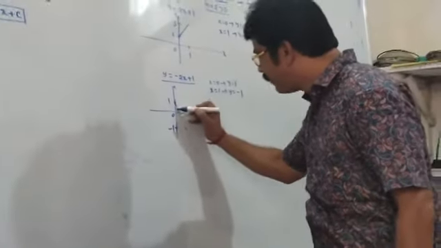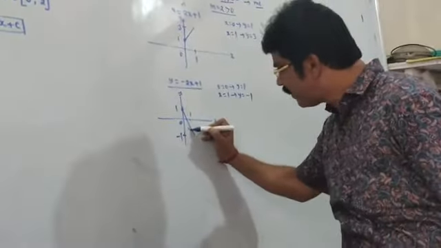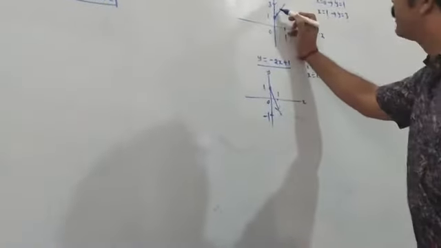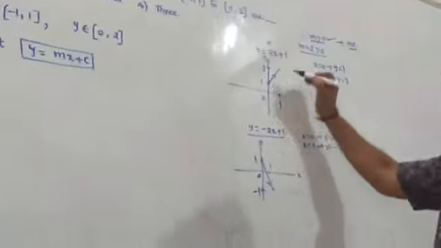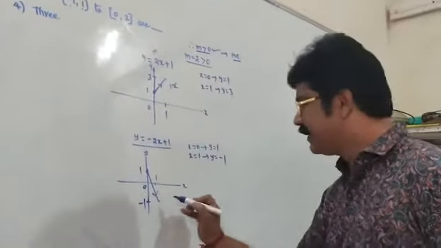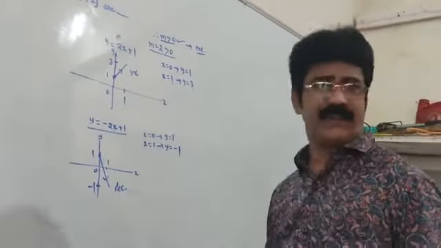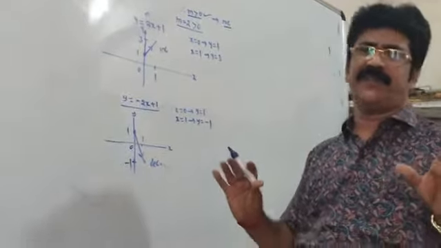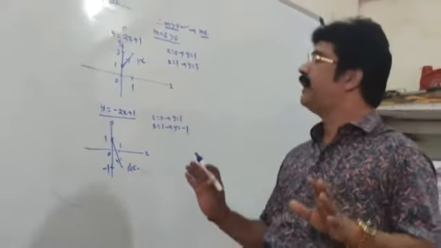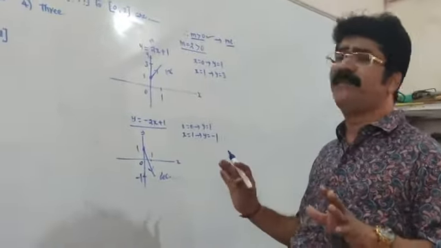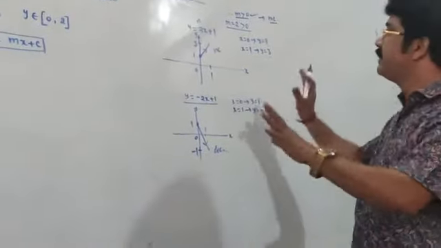So the graph will go like that. This graph is going up, that's why it is an increasing function. This graph is going down, that's why it is a decreasing function. It is the complete explanation for increasing and decreasing of a function of the form y = mx + c. This is the best example.